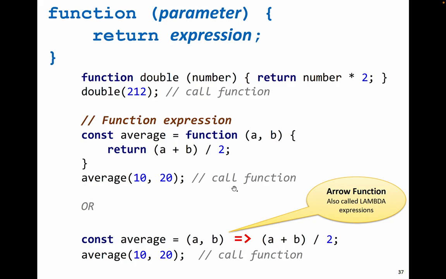Basically this code and this code do exactly the same thing. We just don't use the function keyword. We just define the parameters. It takes two parameters, and then we use an arrow sign, and then we define a plus b divided by 2. So it will return this value.